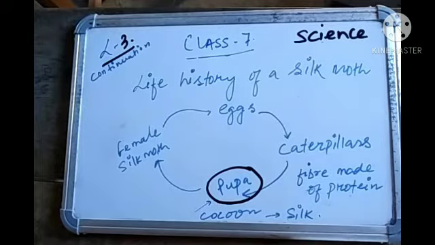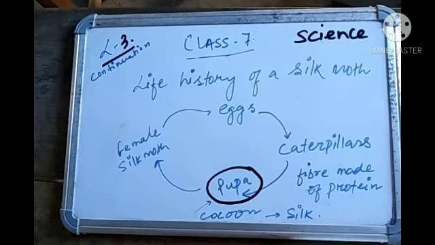So I repeat again, the female silk moth lays eggs. The eggs hatch, and the caterpillars, the silkworms, grow in size. When they are ready to enter the next stage, they secrete a fiber made of protein and completely cover themselves.